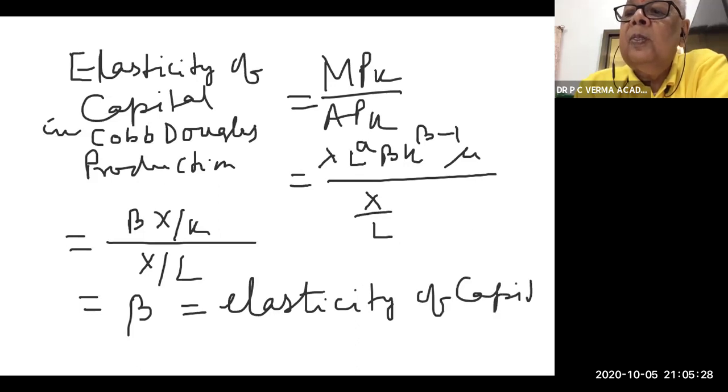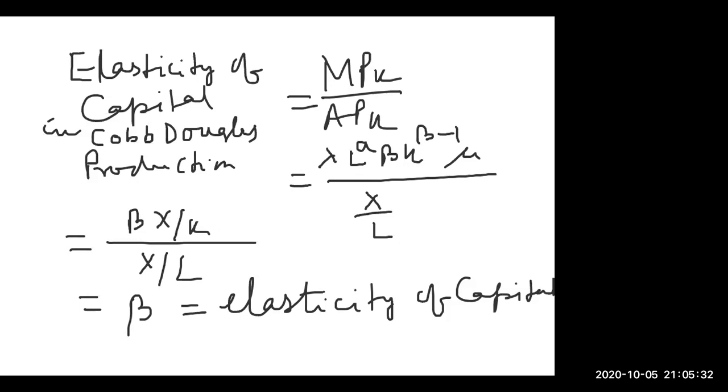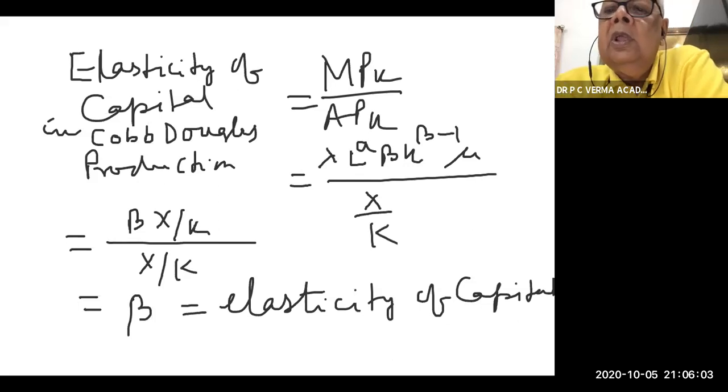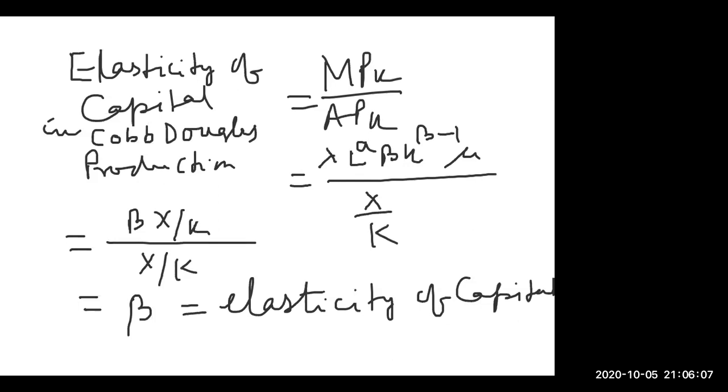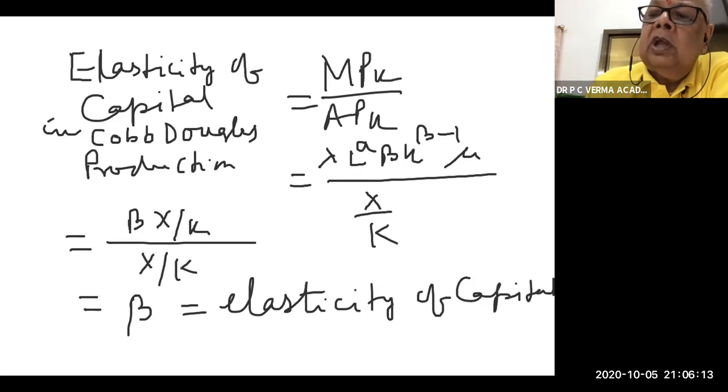Sir, it would be X by K in the denominator, instead of X by L, it would be X by K. Right, X by K. So this is the third point.